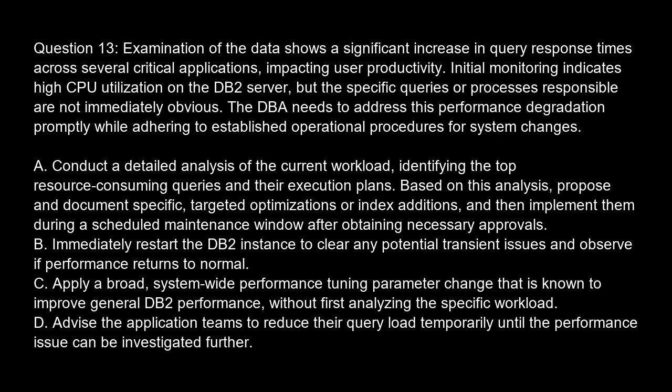Option B. Immediately restart the DB2 instance to clear any potential transient issues and observe if performance returns to normal. Option C. Apply a broad, system-wide performance tuning parameter change that is known to improve general DB2 performance without first analyzing the specific workload. Option D. Advise the application teams to reduce their query load temporarily until the performance issue can be investigated further.